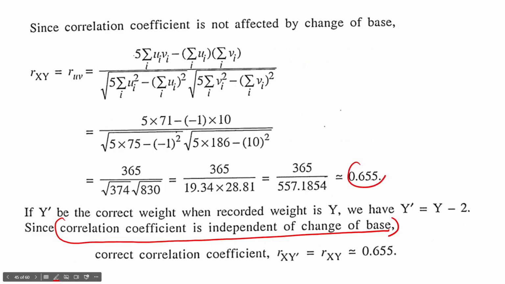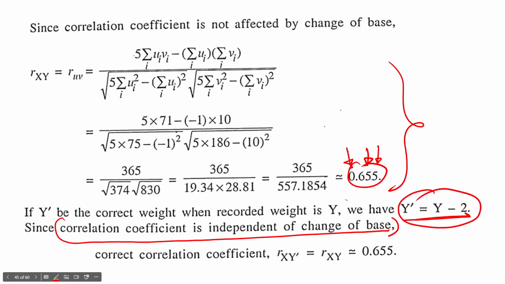So whatever you have calculated, the calculation is different for this case, but the actual answer that you have got ultimately, that is 0.655, for some cases 0.654, is the same for this case also, because whatever change has happened in y or in weight is totally a base change.